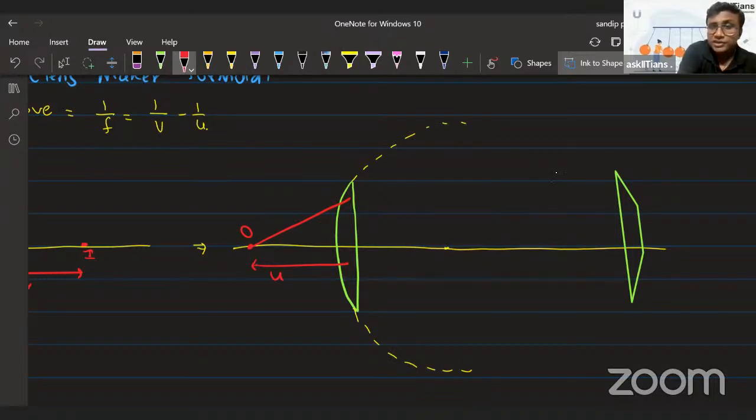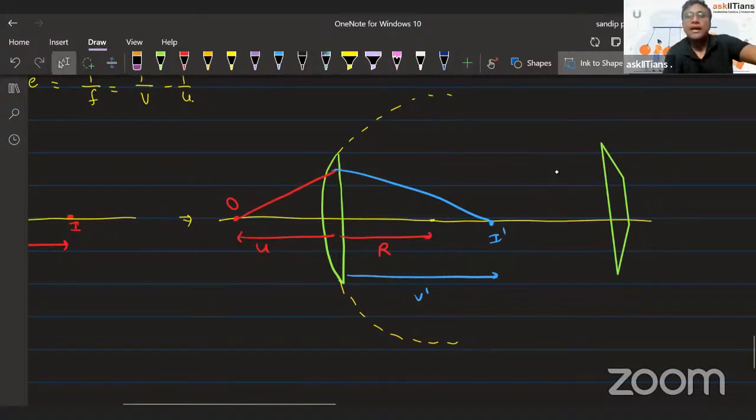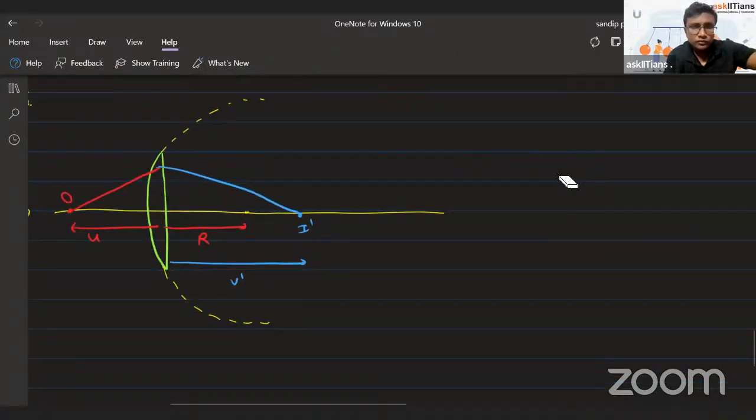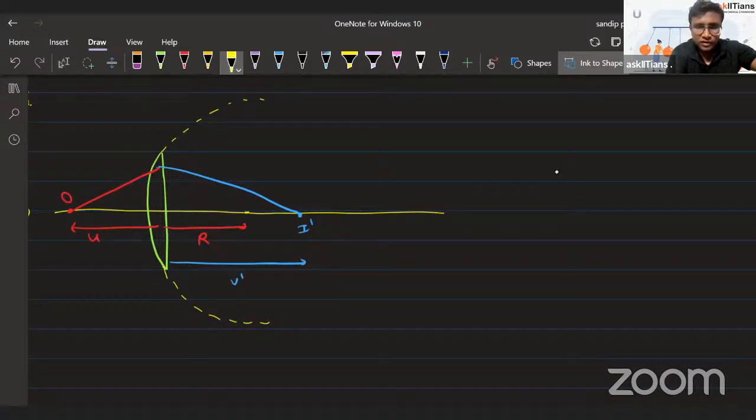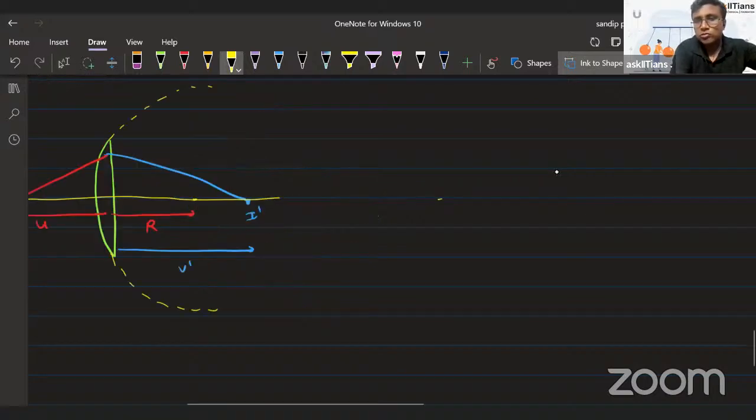Let's say this is a distance R, the radius of curvature. And let's say the first part creates the image at this place. We can call this V or V dash. This is not the final image, because we have only considered the half part. Now in the second case, consider another half part here.